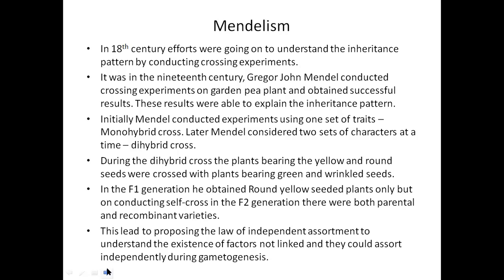After crossing these plants, Mendel obtained in the F1 generation all round yellow seeds, but on self crossing, in the F2 generation, he was able to obtain recombinant varieties along with the parental varieties. This led him to understand the separation of factors that were already present in the plant.